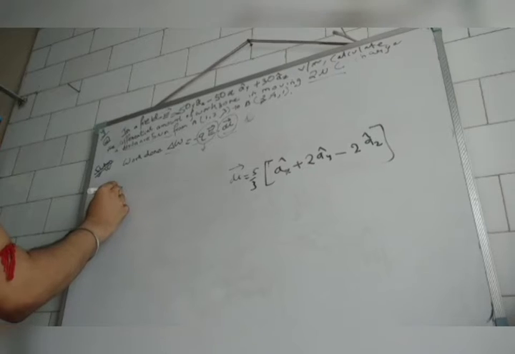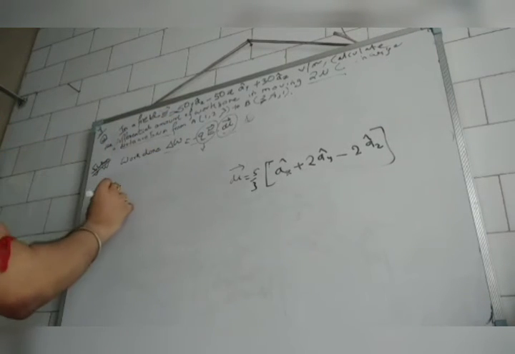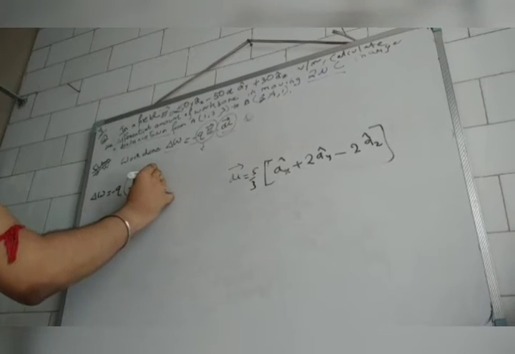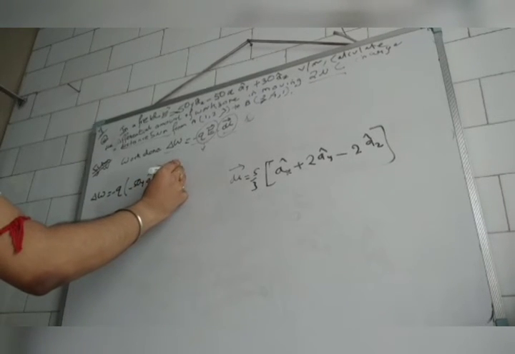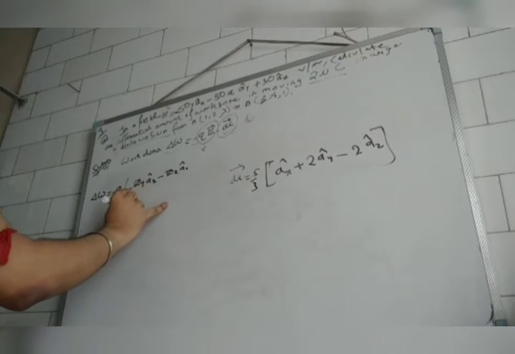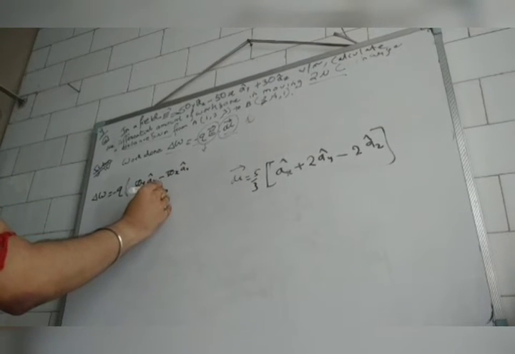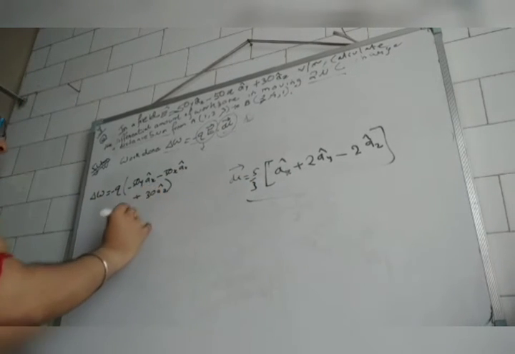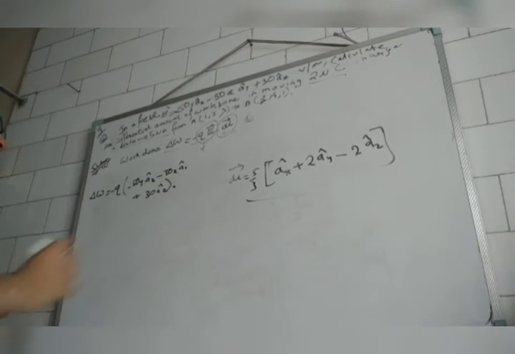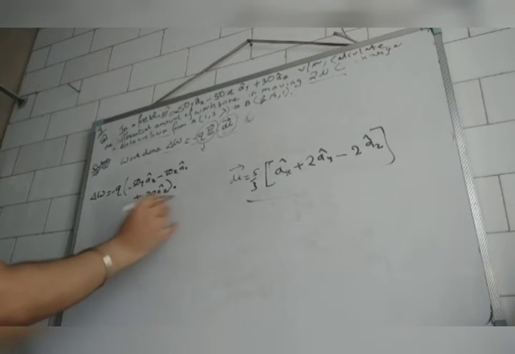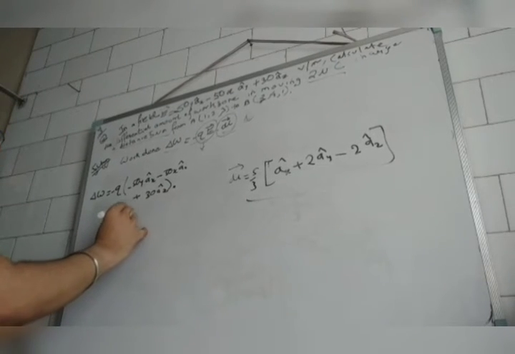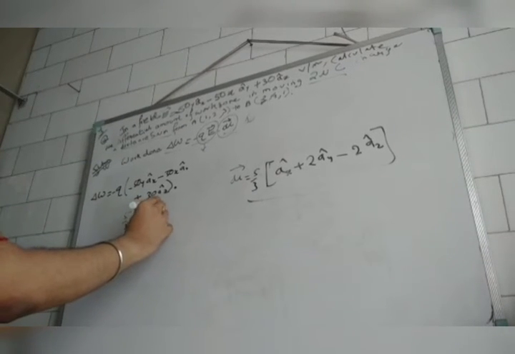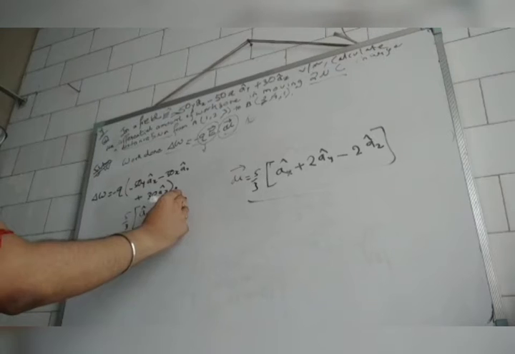It will be basically q times E, and E is basically this: minus 50y ax cap minus 50x ay cap plus 30 az cap, and this should be dot product with dl. So the dot product with dl, which is 5 by 3 times ax cap plus 2 ay cap minus 2 az cap.